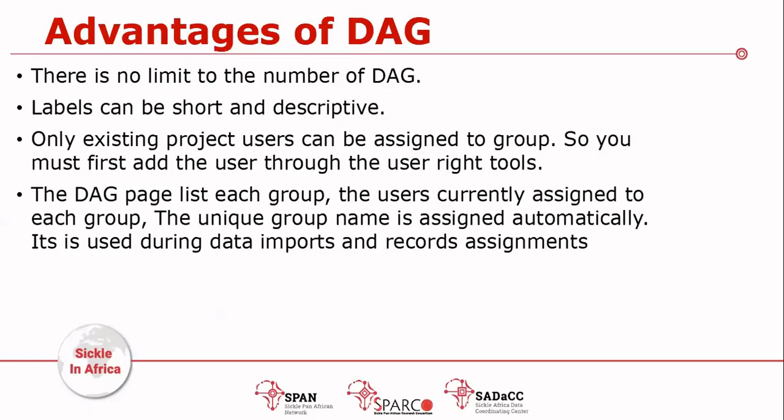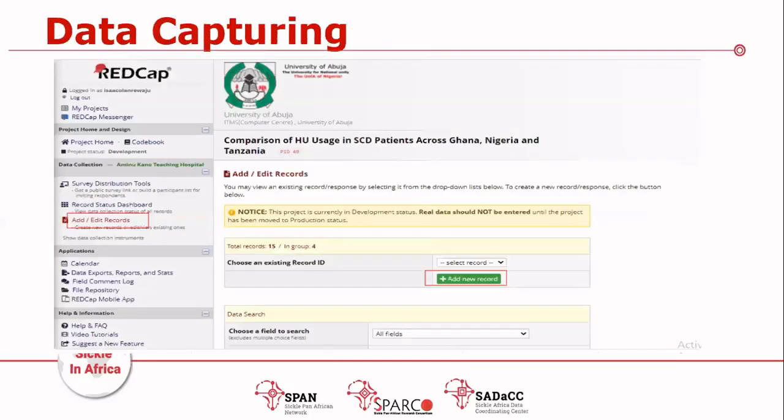Only existing project users can be assigned to a group, so you must first add the user to the user rights tool before you can add them to a data access group. The data access page lists each group, the users currently assigned to each group, a unique group name assigned to the group, and also the assignments, I mean, whether the person is able to import records or whatever function the person can do.